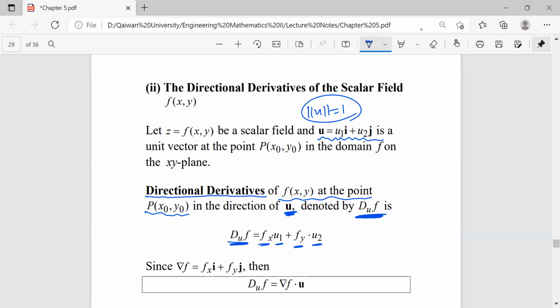Here, the directional derivative is a scalar function. It's a scalar field, actually.